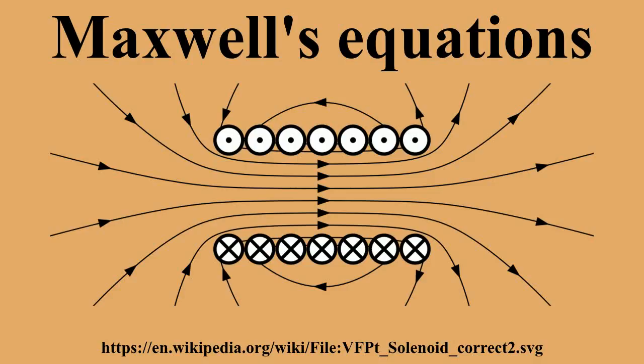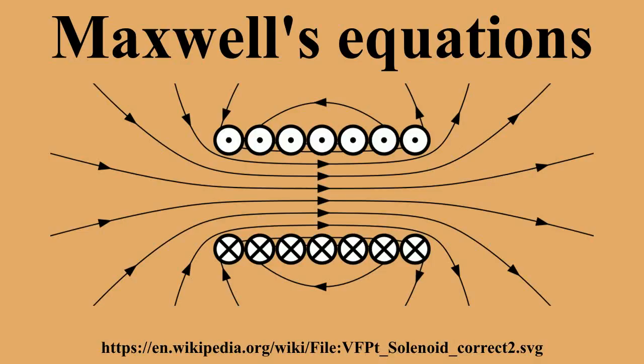Historical publications. On Faraday's lines of force, 1855-56, Maxwell's first paper. On physical lines of force, 1861, Maxwell's 1861 paper describing magnetic lines of force, predecessor to the 1873 treatise.